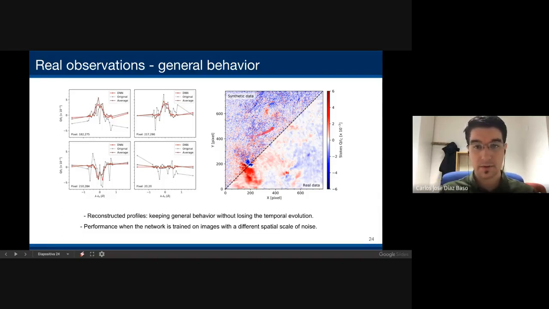And the upper part of the same image is another neural network that was trained with synthetic noise, so with a typical Gaussian noise that is independent between pixels. So here you can see that the performance of the neural network is much worse because it was not catching the information of the spatial scale of the noise and the correlation between those pixels.